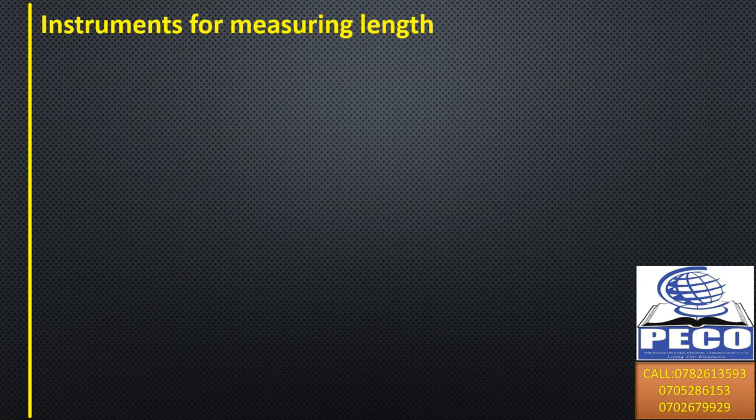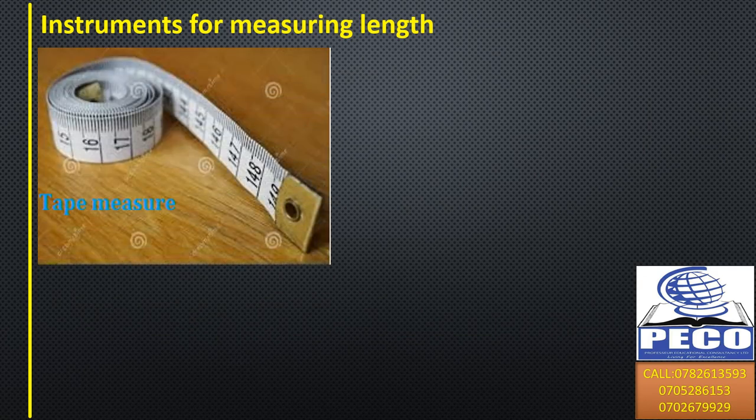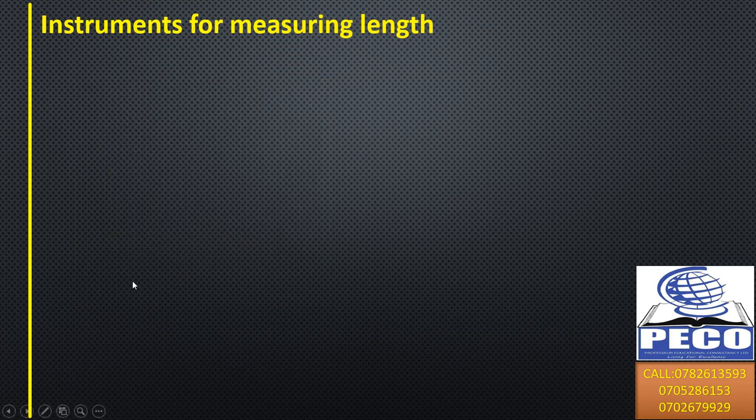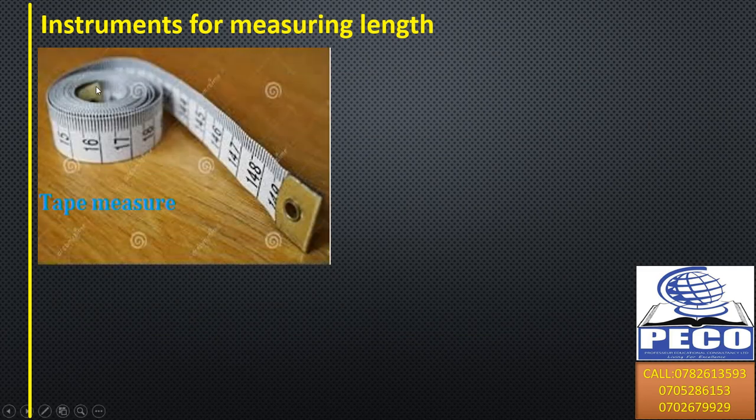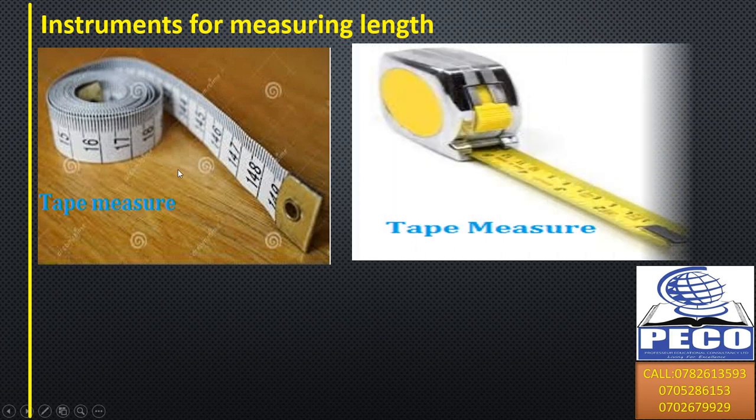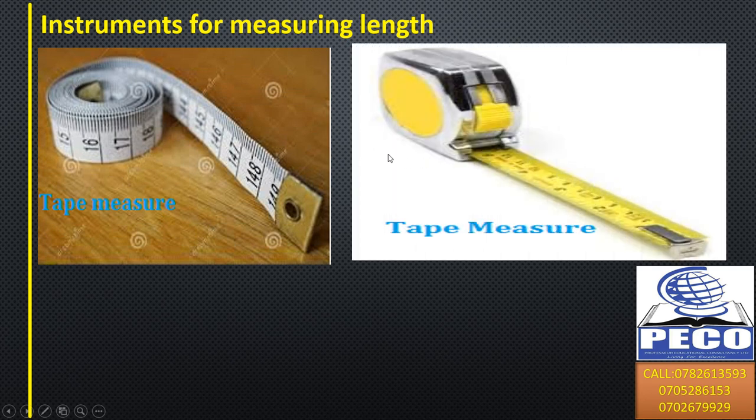So, instruments for measuring length. We have a tape measure. This one is mostly used by tailors. Tailors use this one, but builders use this kind, which is strong, metallic. This one is on rubber form, but this is metallic.